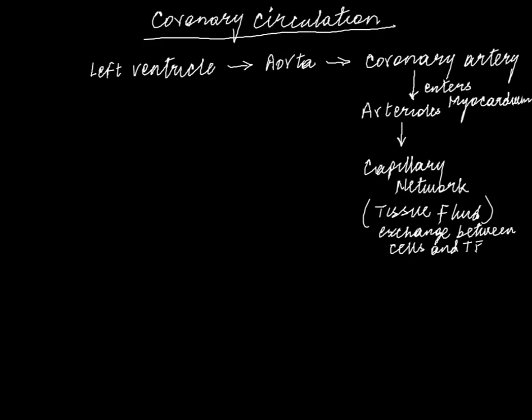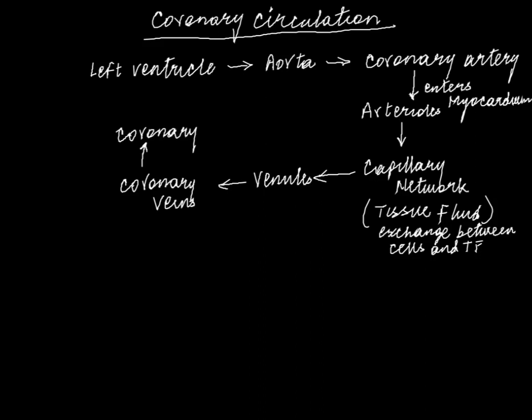And the blood will then recollect into venules. Venules will then form the coronary veins, and the coronary veins will form the coronary sinus, and the coronary sinus will pour the blood directly into the right atrium.